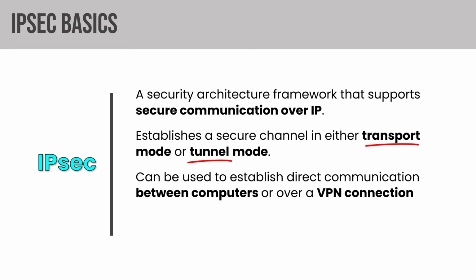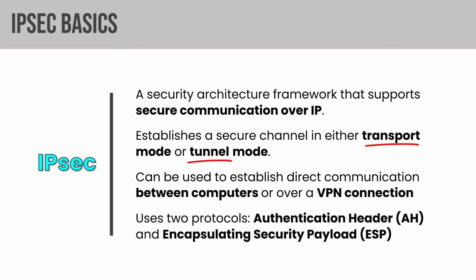VPN is a very common use of IPsec, though. The Windows operating system has the capability to do IPsec between computers without a VPN, but you can also establish a VPN. And it uses one of two protocols, authentication header and encapsulating security payload.